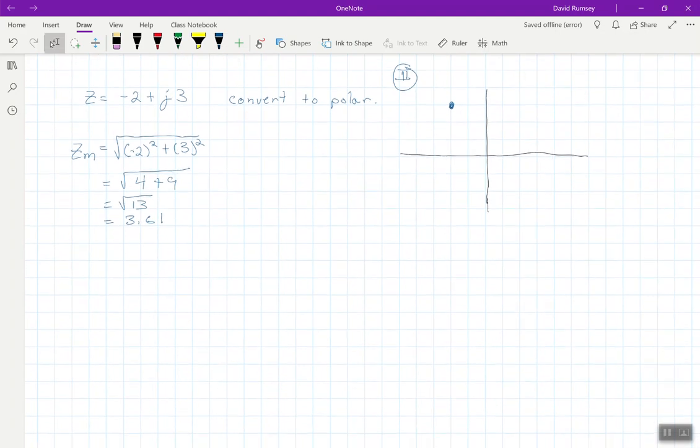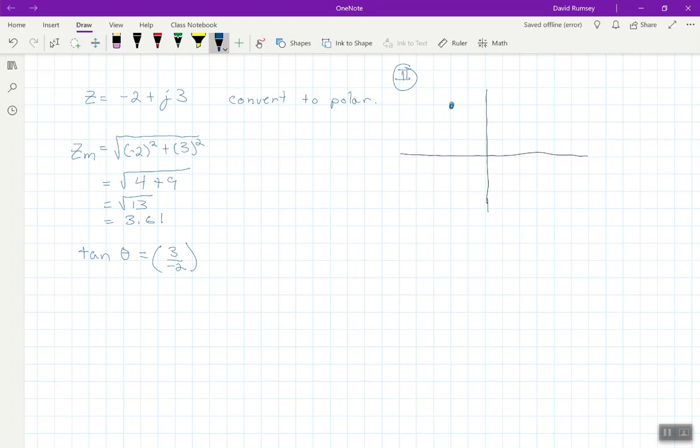Now, the next thing we need to look at is finding the angle. If I look here, I'm looking at tangent of theta, and this is going to be equal to 3 over negative 2.